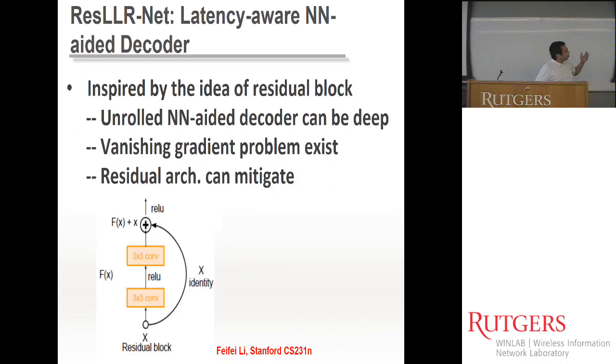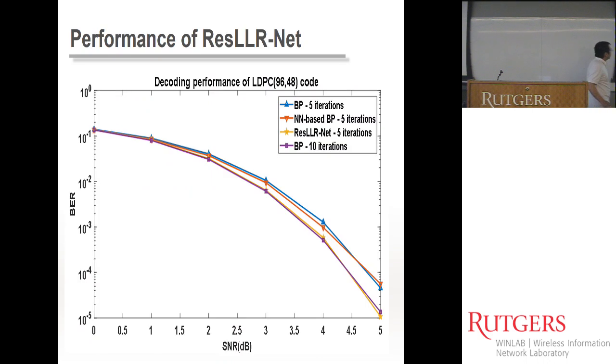So we propose to integrate such a residual block into the design of the neural network channel decoder. We did some preliminary examinations on short LDPC codes, comparing with the classical belief propagation decoder without a neural network.